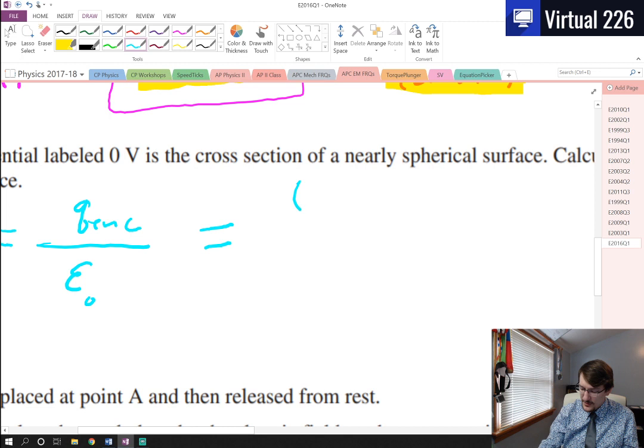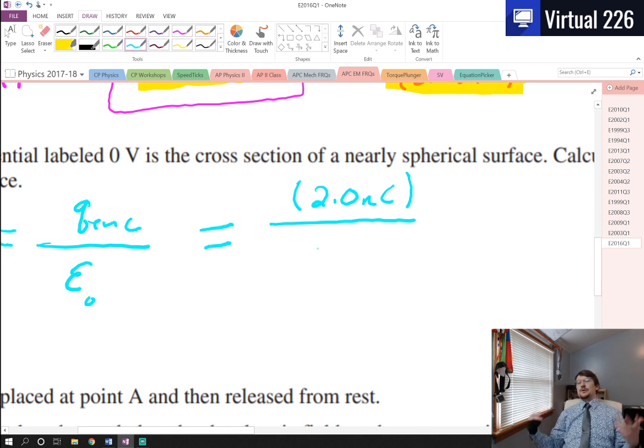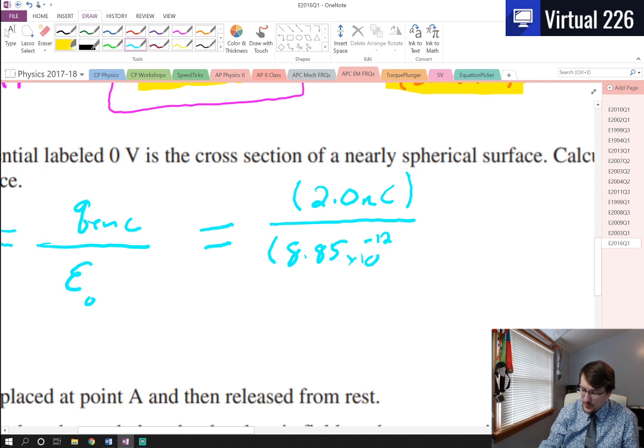We just have to say that this is 2.0 nanocoulombs, divided by epsilon naught, which I don't know if you have that off the top of your head, but it is on your equation sheet. It has a value of 8.85 times 10 to the minus 12, and some weird units of coulomb squared per newton meters squared.